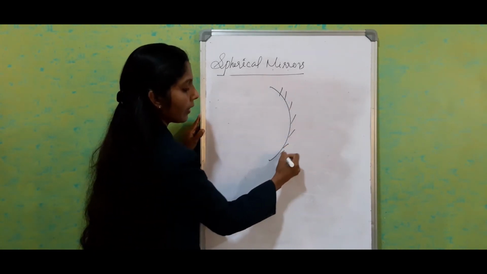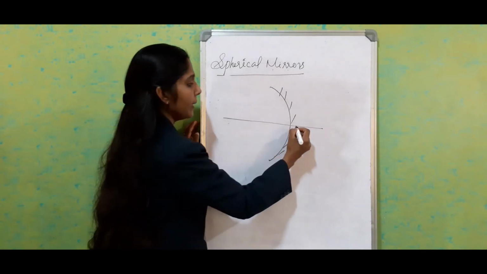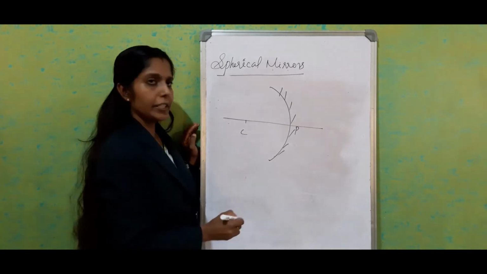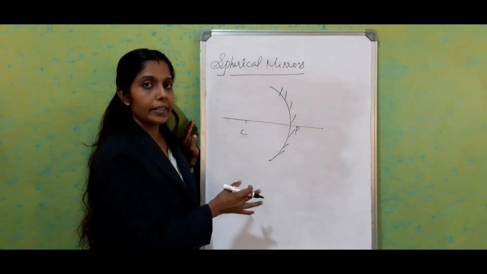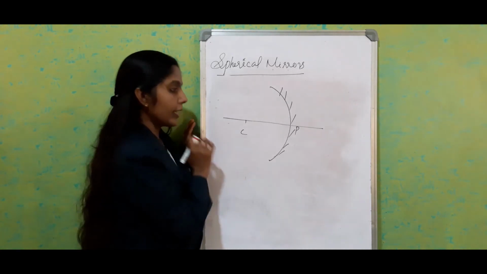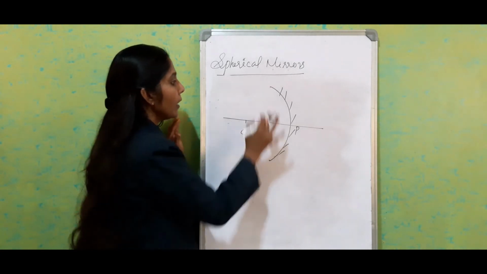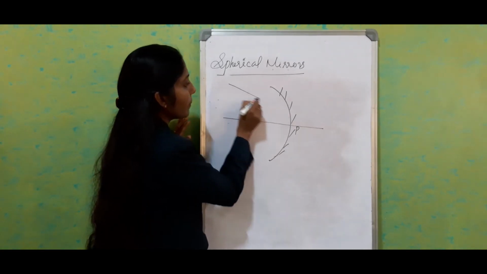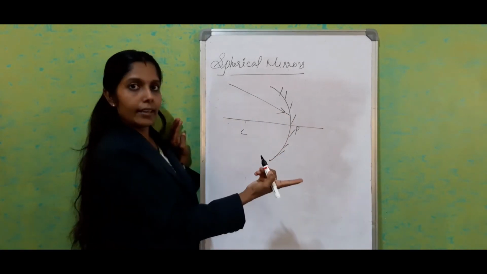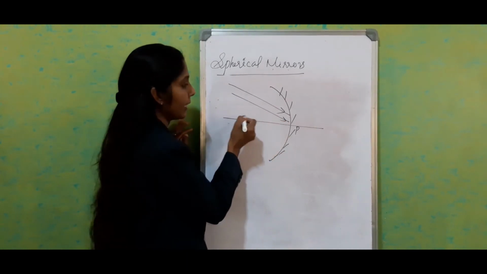Consider this a concave mirror. Draw the principal axis, pole, and center of curvature. Whenever we are drawing a picture, we have to mark the center of curvature, pole, and the one-side coating. Just consider some inclined or slanted rays falling on the mirror like this.